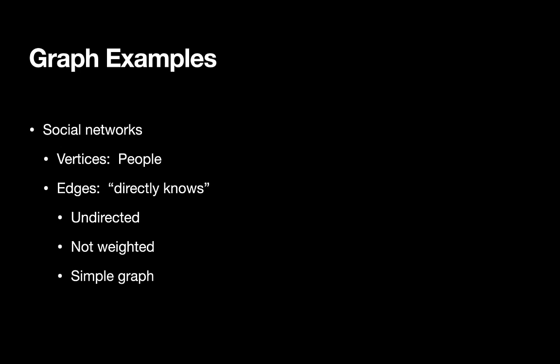It was a simple graph. The concept of directly knows or works with oneself doesn't exactly make a whole lot of sense. It's not typically useful in the types of problems we explore with social network graphs. And it also wasn't a multi-graph. I mean, if A works with B, there's no reason for a secondary edge connecting A and B.